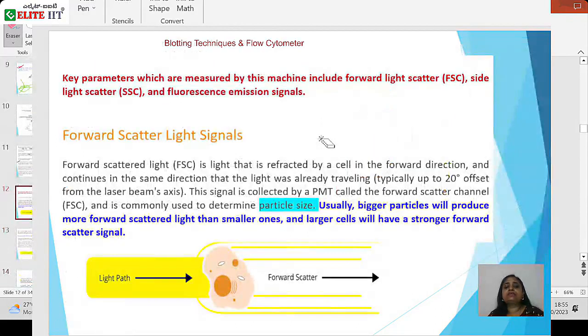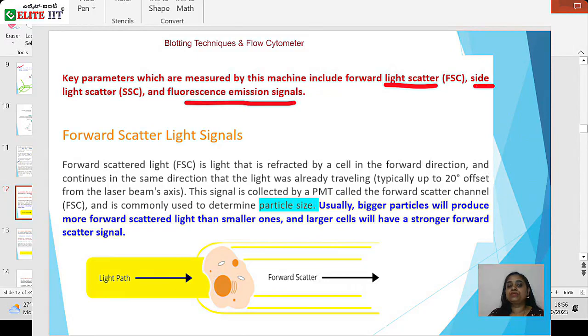Now see in detail the forward scatter light signal and the side scatter light signal. The key parameters measured by this machine include forward light scatter, side light scatter, and the fluorescence emission signal. So three things are involved, and during the detection process you have to check these three.